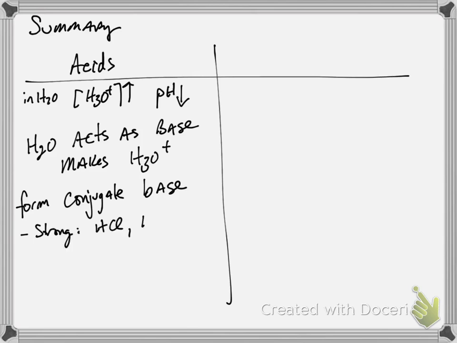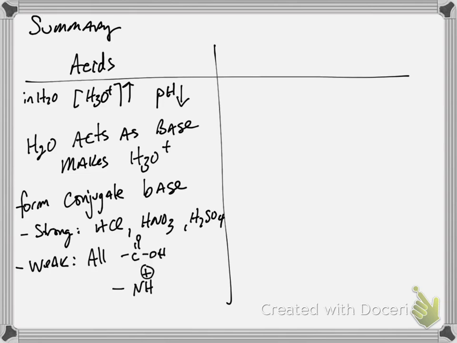If they're strong acids, there's only three of them: HCl, HNO3, and H2SO4. All the others are weak, and the two that we've spoken about are COOH and NH. Any nitrogen with a positive charge, so any molecule with a positive charge, will act acidic. But the neutral will be COOH.